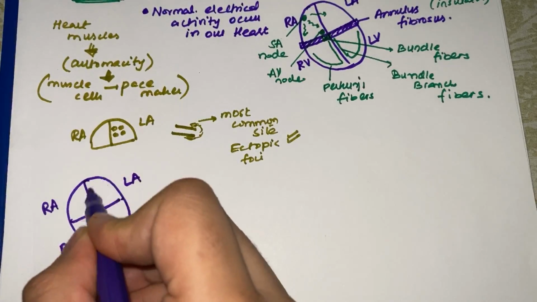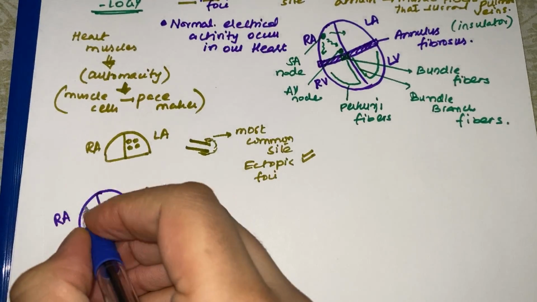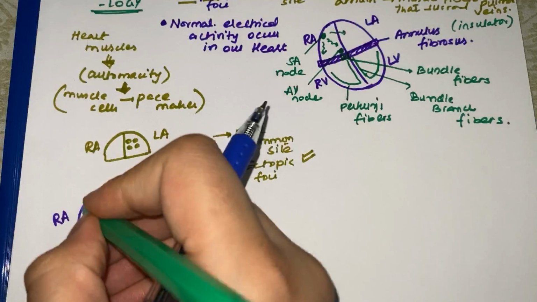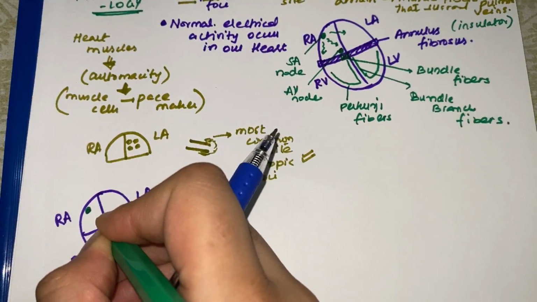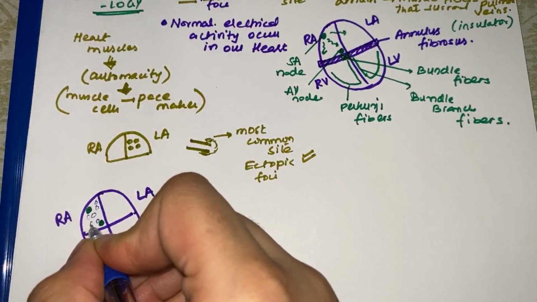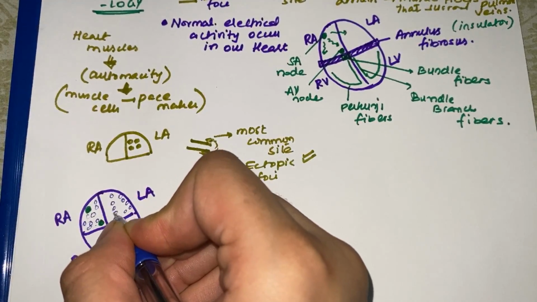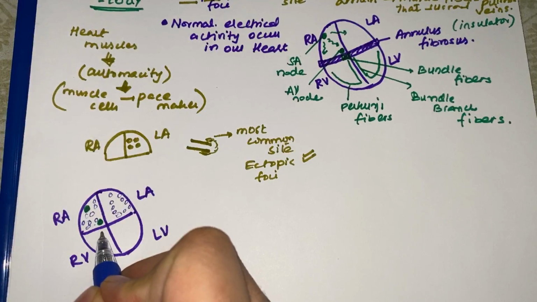Now we'll consider more importantly this left atrium. Imagine that, suppose, this is the SA node present here, this is the AV node. These are all the muscle cells of the atria. Some muscle cells are present here, some are present here. So imagine these are the muscle cells.